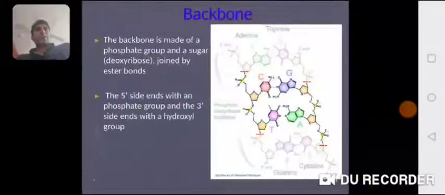The backbone of the DNA is made up of a phosphate group and a sugar, deoxyribose, joined by ester bonds. The 5 prime end has the phosphate group and the 3 prime end ends with the hydroxyl group.